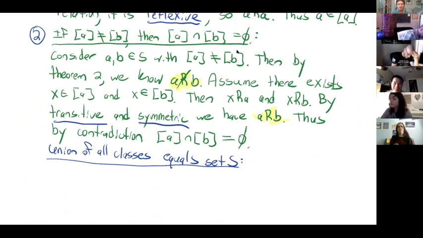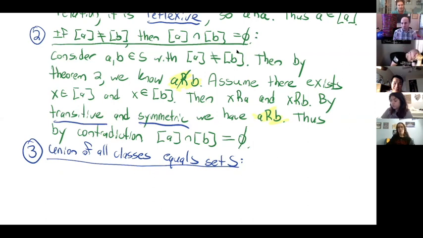And so we still have one piece left. We didn't prove this last condition that we need for a partition, which is every element in the set must occur in one of the classes. In other words, the union of all classes should give us back the original set.